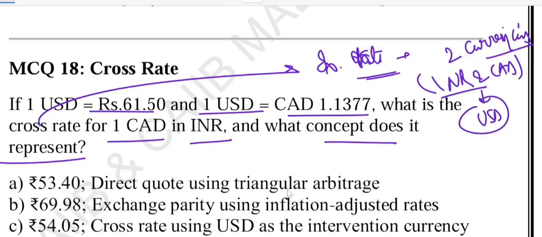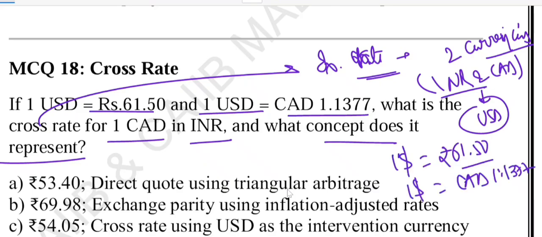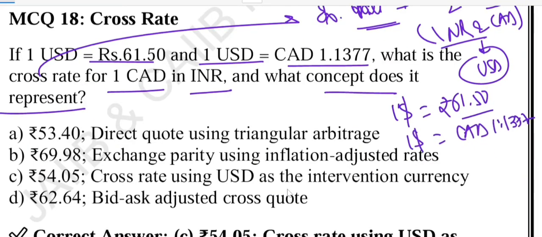Now let's see this particular question. In this question, they have given $1 equals 61.50 rupees, and $1 equals CAD 1.1377. We have to find how both are related.